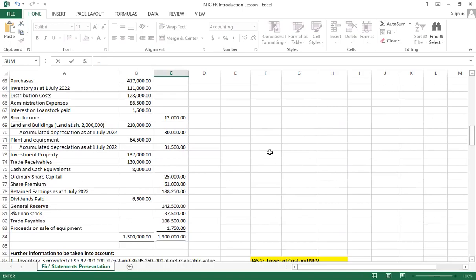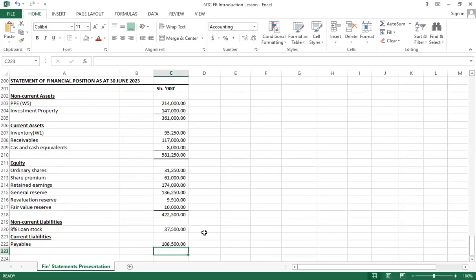Yeah, the second last item, the 108,500, the trade payables. We haven't seen any adjustment for that, so we very simply pick it that way.